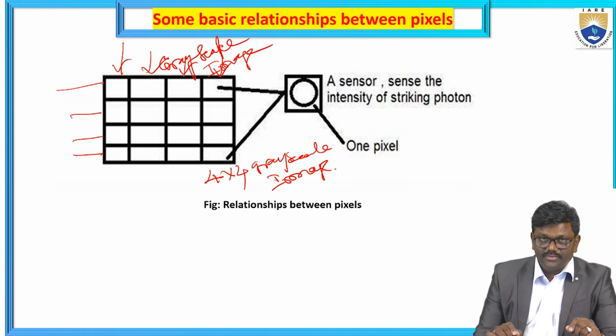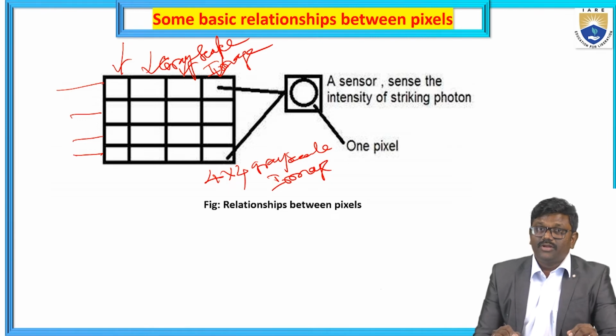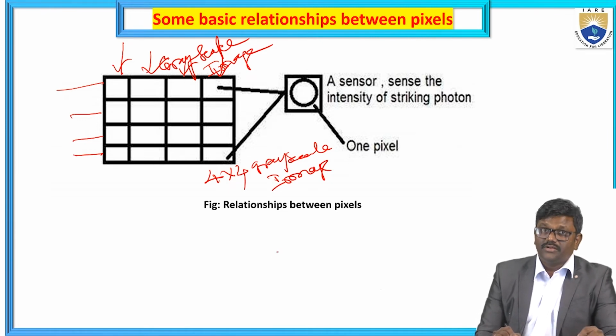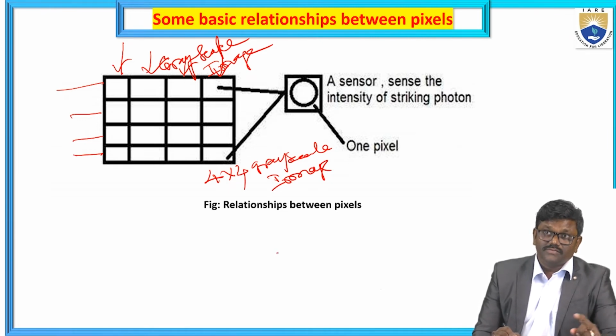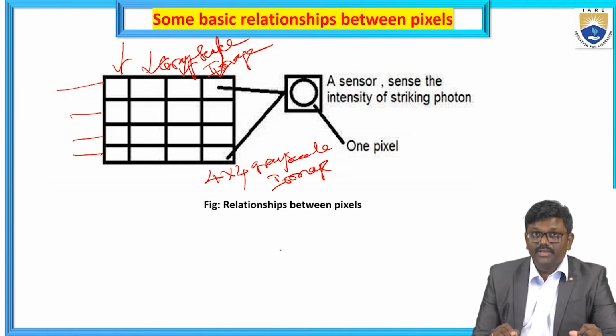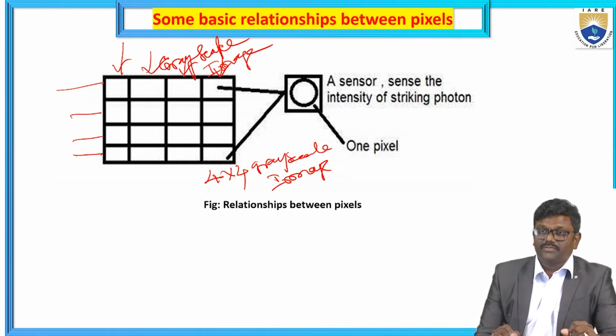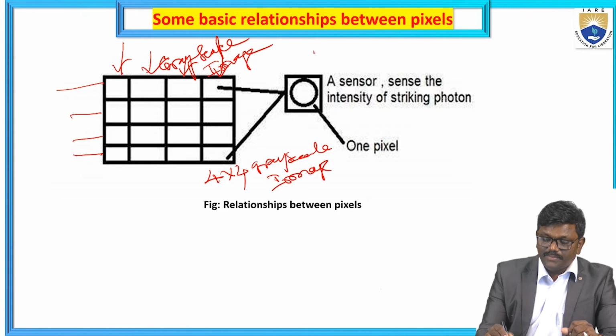My focus here is to define the relation of image pixels, which varies in terms of the intensity of the image. I am keeping a sensor here.